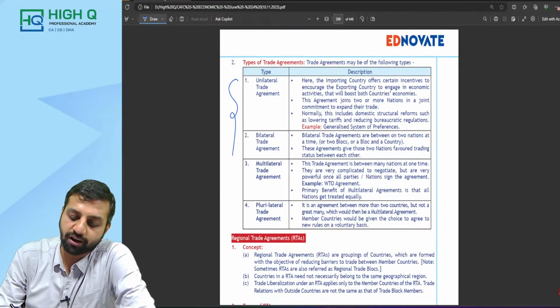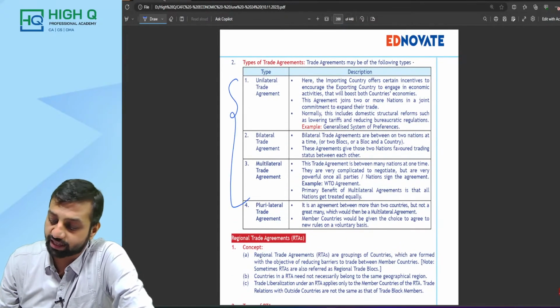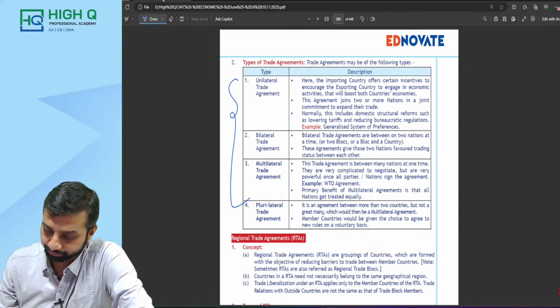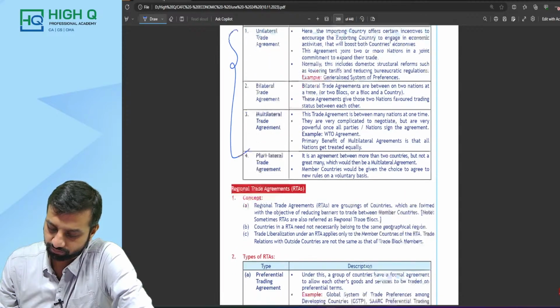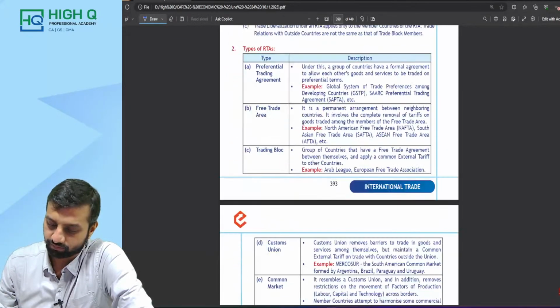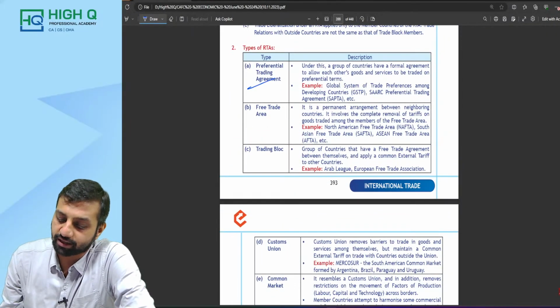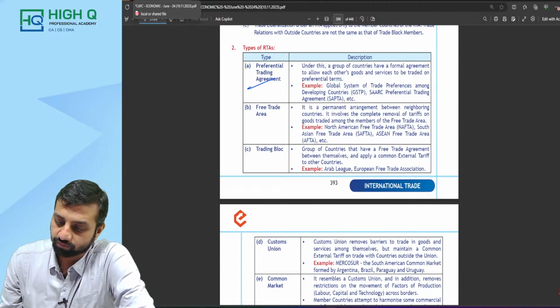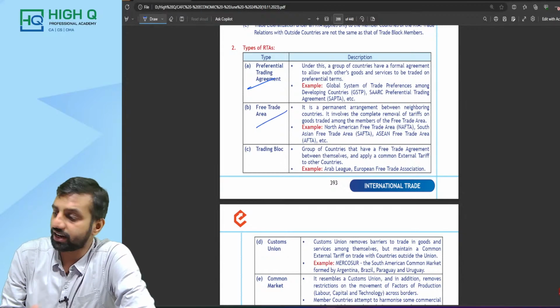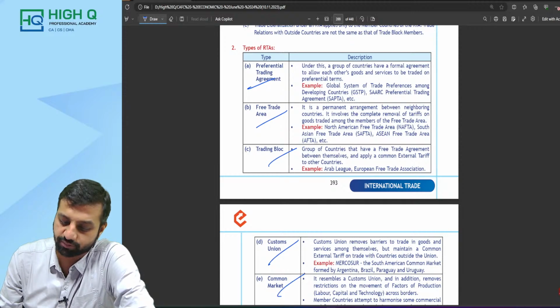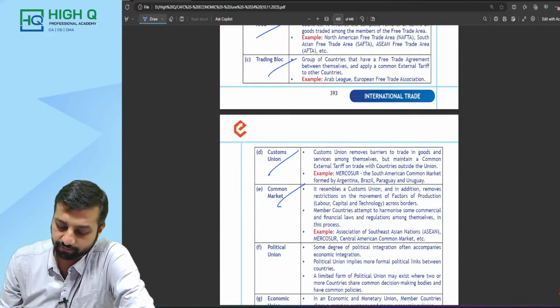All the types of agreements: unilateral, bilateral, multilateral, plurilateral, preferential trade agreement, free trade area, trading bloc, custom union, common market.